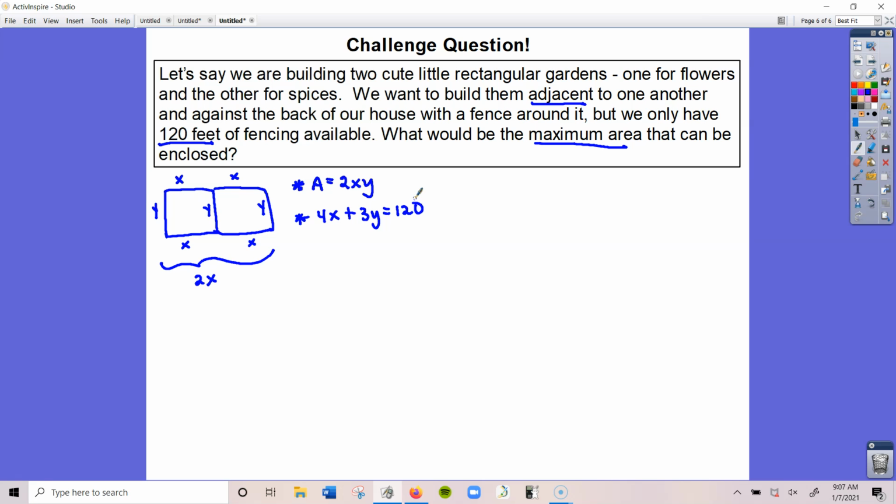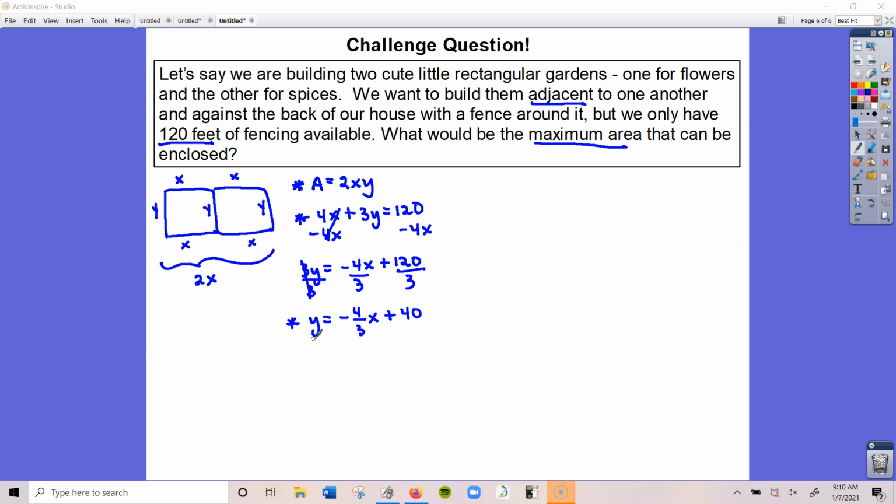Now you can choose to solve for whichever variable you like. I'm going to solve for y. So subtract the 4x over, and we get 3y is equal to negative 4x plus 120, and then we divide by 3. We had to divide everything by 3. So we end up with y is equal to negative 4 over 3 x plus 40.